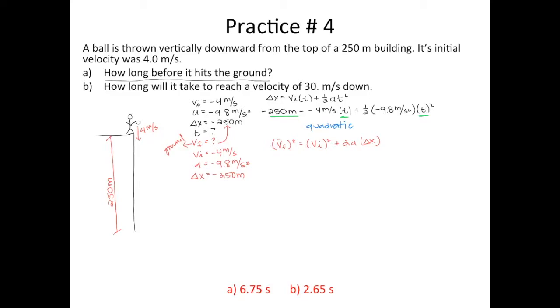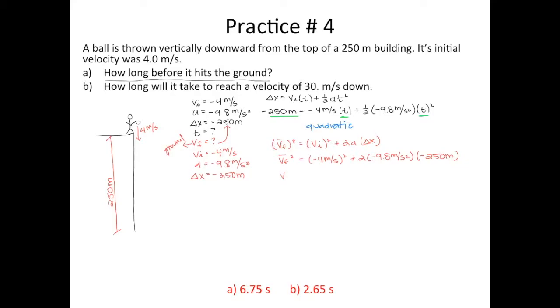So V final squared equals negative 4 meters per second squared plus 2 times negative 9.8 meters per second squared times negative 250 meters.